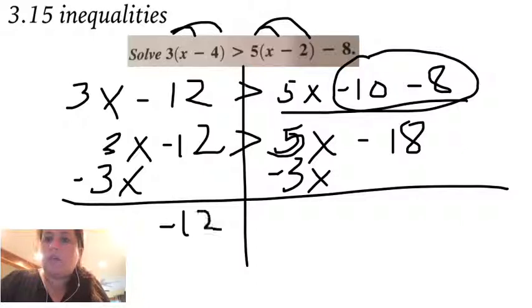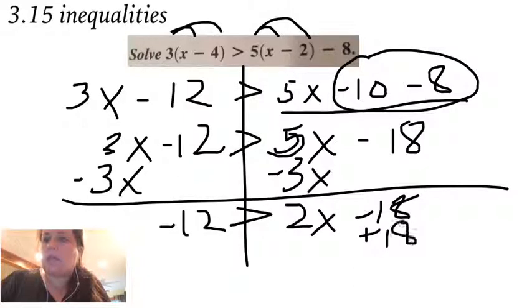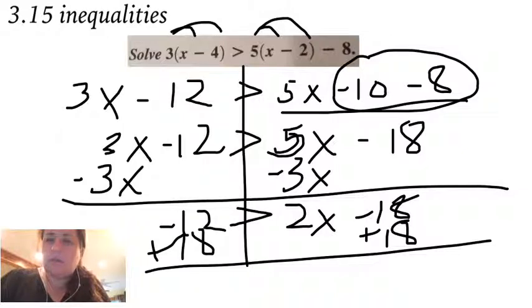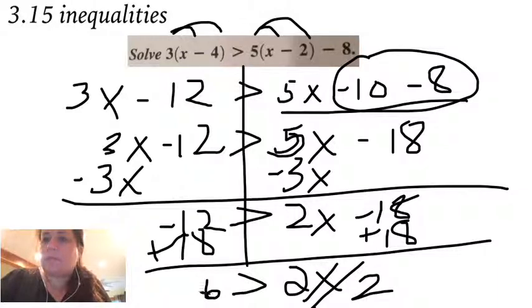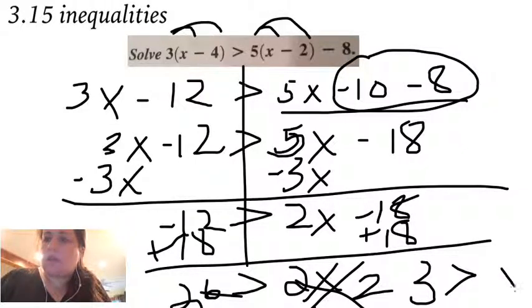Negative 12 is on the left, and then I have 2x minus 18 on the right. If I add 18 to both sides, that gives me 6 and 2x. The last step is to divide both sides by 2, and that will give me 3, and then x.